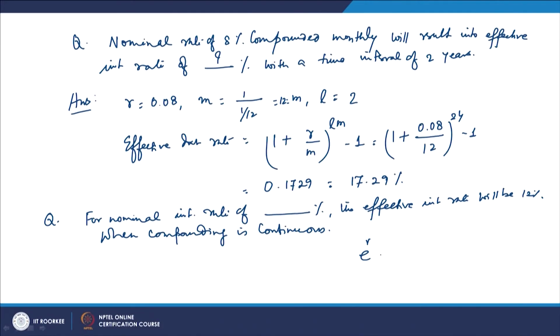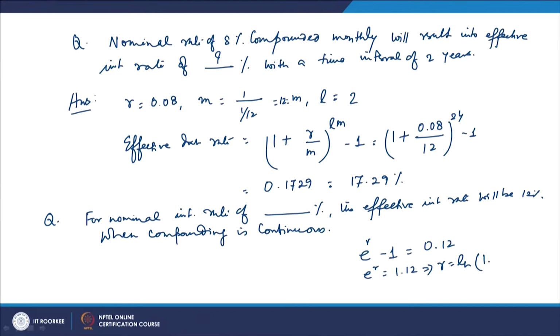As we know, the continuous compounding formula is e raised to the power r minus 1. So, e raised to the power r minus 1 is given as 12%, so it will be 0.12. So, e raised to the power r will be 1.12, and we have to solve this.